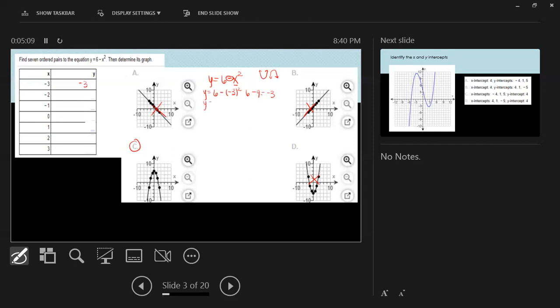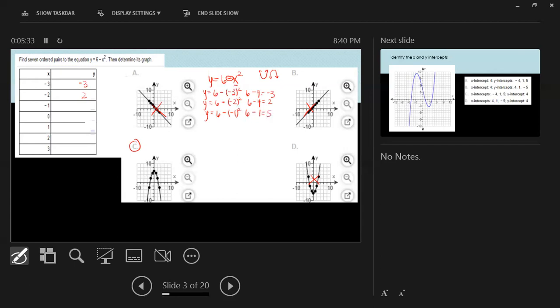So y is equal to 6 subtract -2 squared. So that would be 6 subtract 4. And 6 subtract 4 is +2. Then we have y is equal to 6 subtract -1 squared. That would be 6 subtract 1, because -1 times -1 is 1.